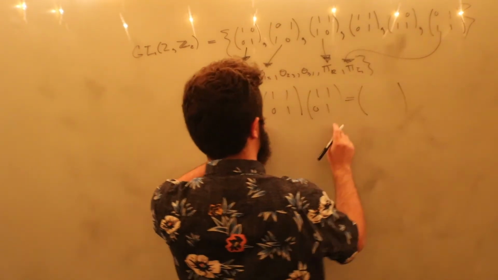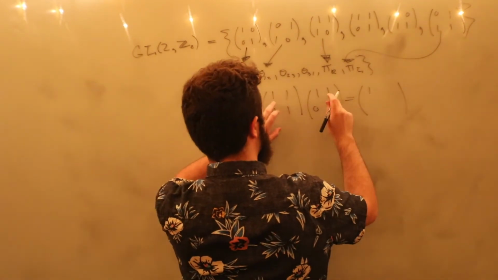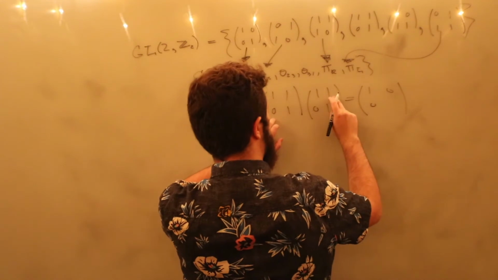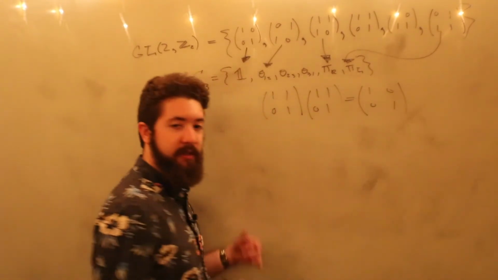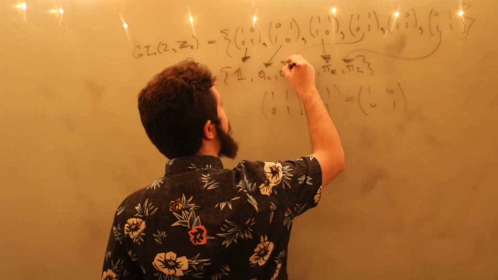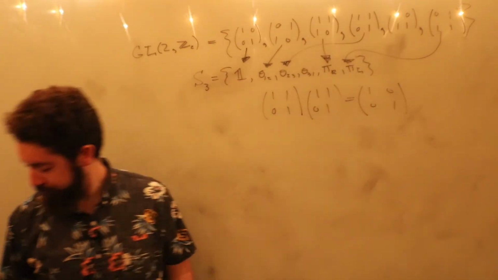This is going to give us 1 plus 0 is 1, 1 plus 1 is 0, 0 plus 0 is 0, 0 plus 1 is 1. This one squares to the identity as well, so let's map that one to sigma sub 2, 3.